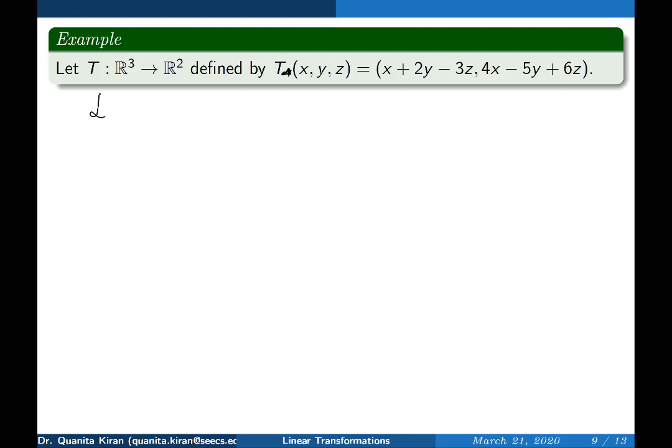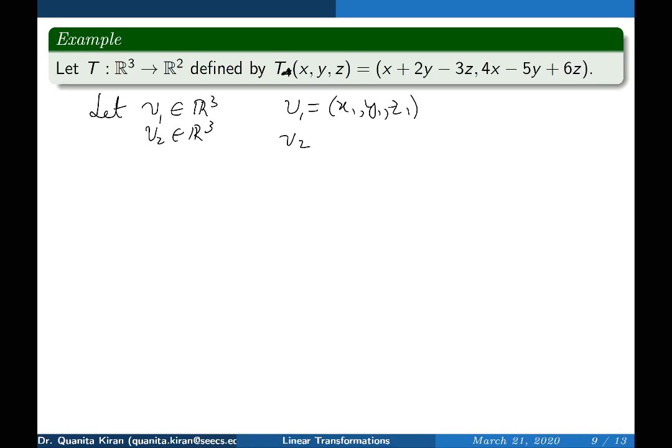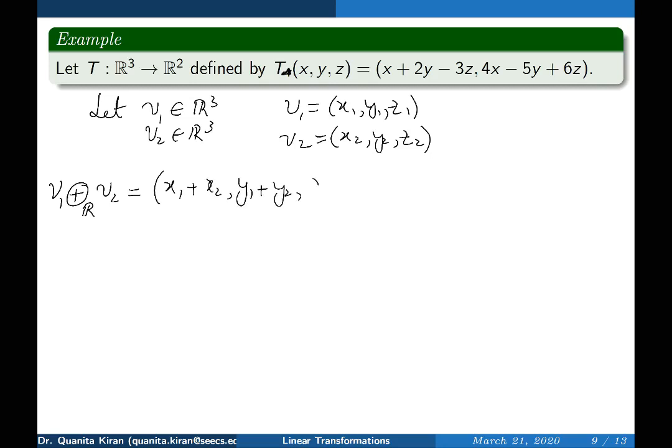Now for this, let V1 be a vector in R3, and V2 also a vector in R3, where V1 can be taken as (X1, Y1, Z1), and V2 can be taken as (X2, Y2, Z2), and we see that V1 plus V2 equals (X1 plus X2, Y1 plus Y2, Z1 plus Z2).